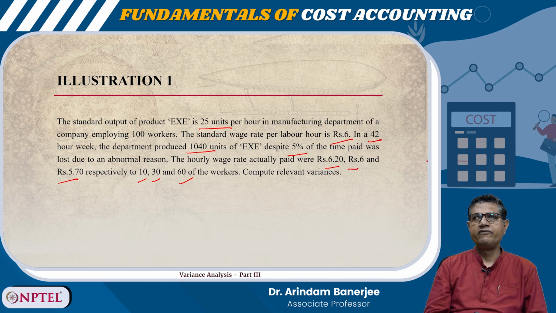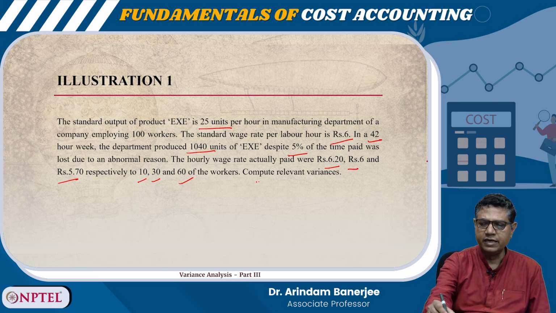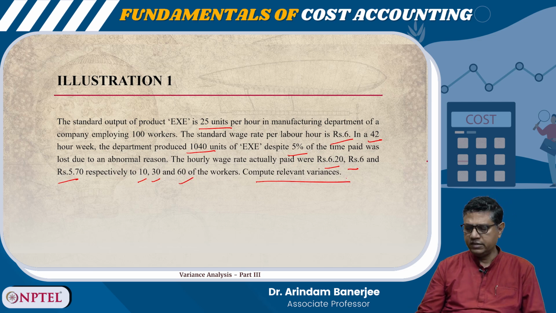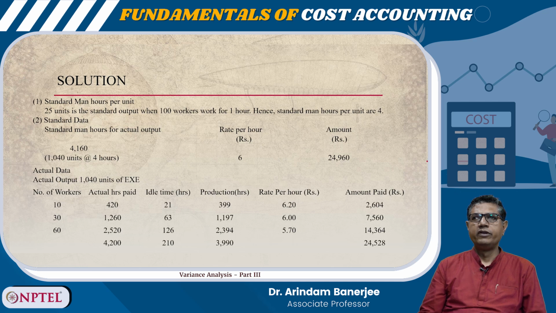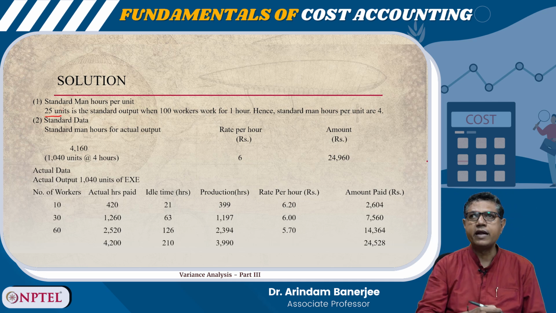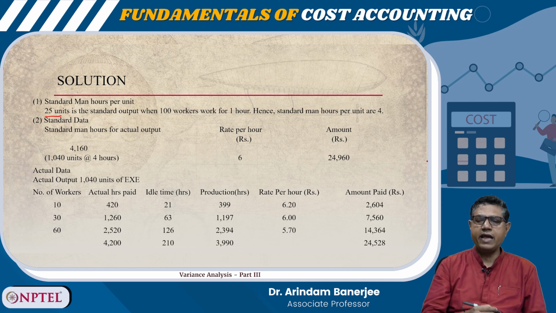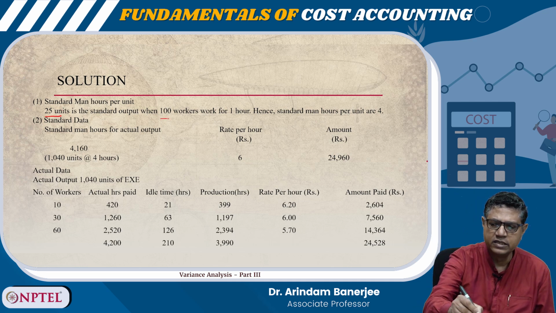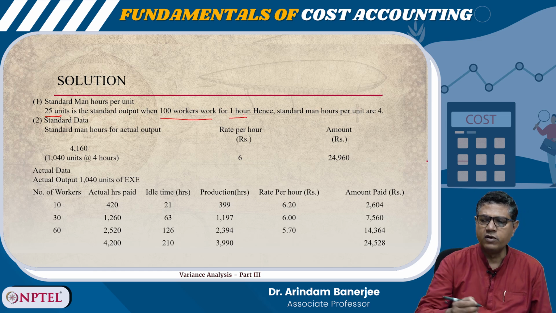Compute the relevant variances. So, we need to compute the relevant variances from the given information. Fine. So, we will move to the solution. Standard man hours per unit: 25 units is the standard output when 100 workers work for 1 hour.